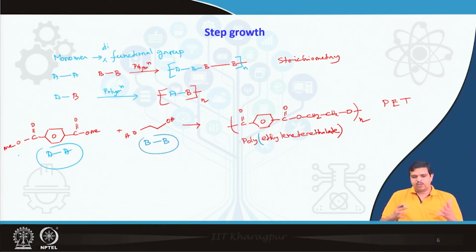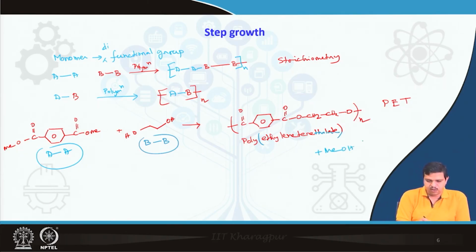And in most cases of this kind of polymers, a small molecule is also eliminated. Most of the cases it is water, in some cases methanol. Like here you will see that methanol is coming out, this OMe and this OH.